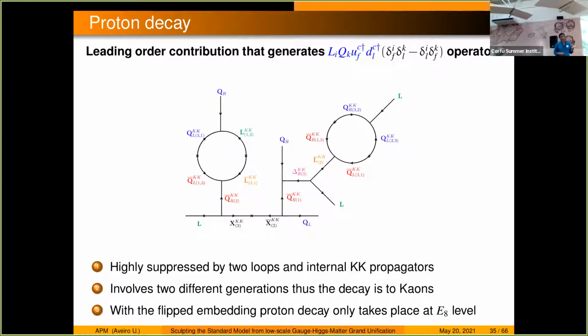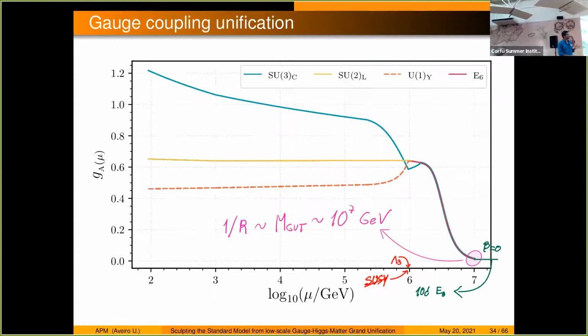And the point here is that this is the leading-order contribution, with a lot of KK modes running inside, and two loops. But it's not only the two loops that give the strongest suppression. The strongest suppression is coming from the size of the gauge coupling here. And you see, this is, in fact, like 10 to the minus 2.